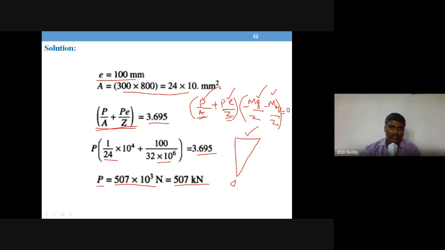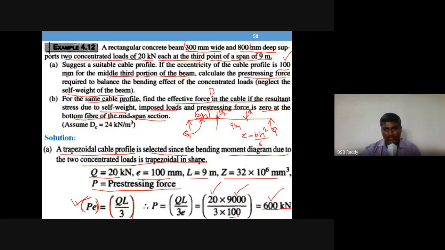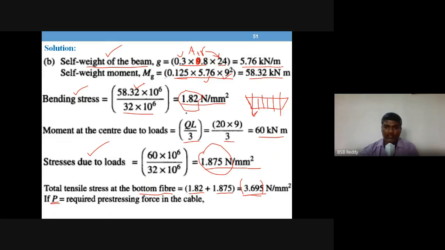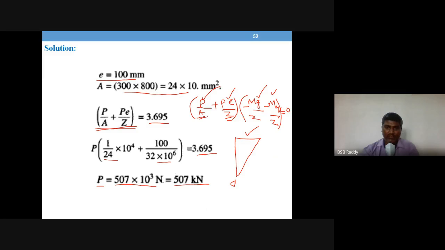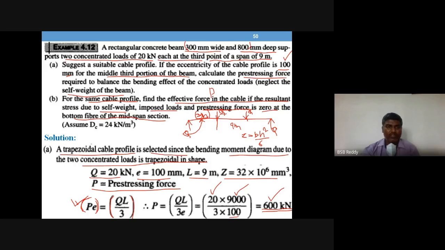So this is the solution. Just 600 kilonewton is required to balance the load itself by neglecting the self weight. If you take the self weight also into consideration, we'll be needing 507 kilonewtons to get stress at bottom 0, right? So this is how to solve this question.